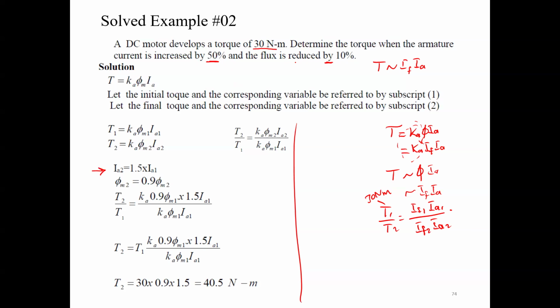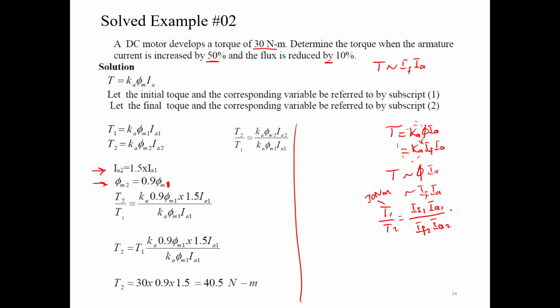So if I said reduced to 10%, the new value is 10%. But reduced by 10% means the new value is 90%. So phi in the second case, or flux in the second case, is 0.9 times flux in the first case. So phi M2 equals 0.9 phi M1. This is 1, not 2.